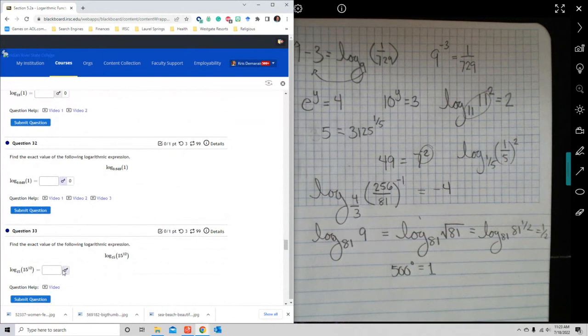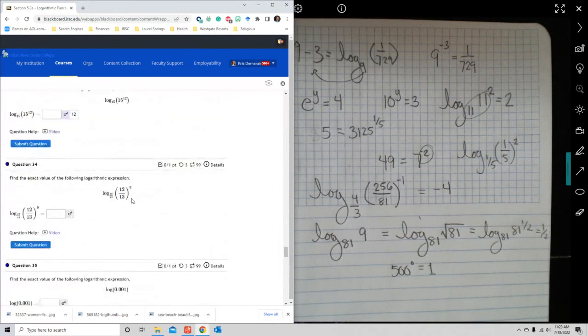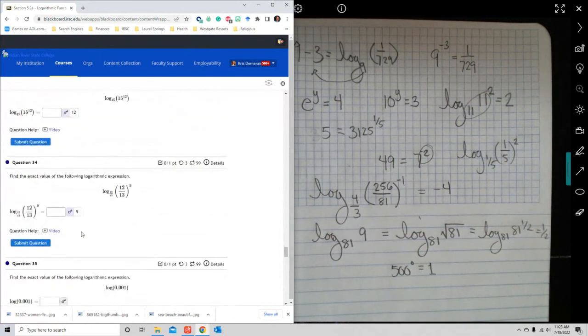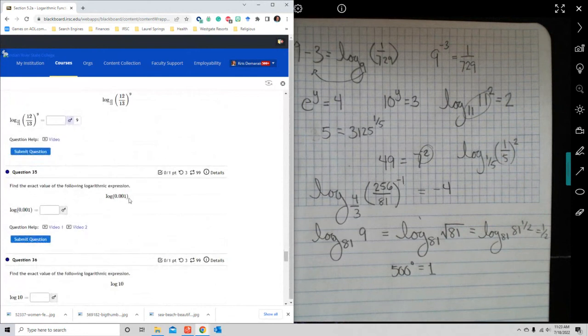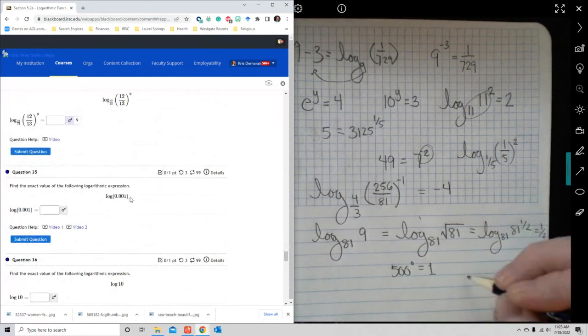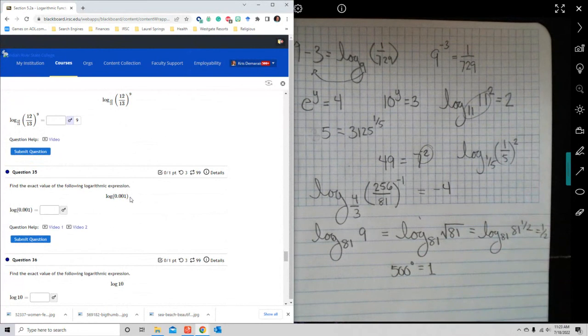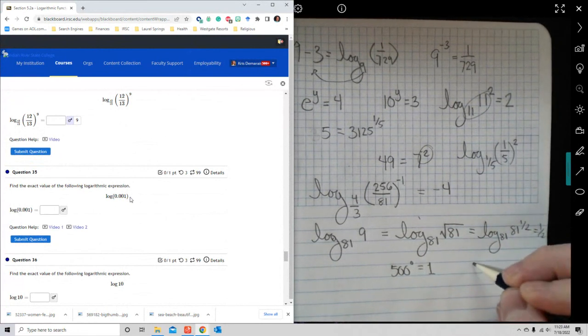Now this one's going to be 12. Some of these move very quickly. This is 9. This one, now this doesn't look right, but if you think about 0.001, then we're going to have 10 to the -3rd power.